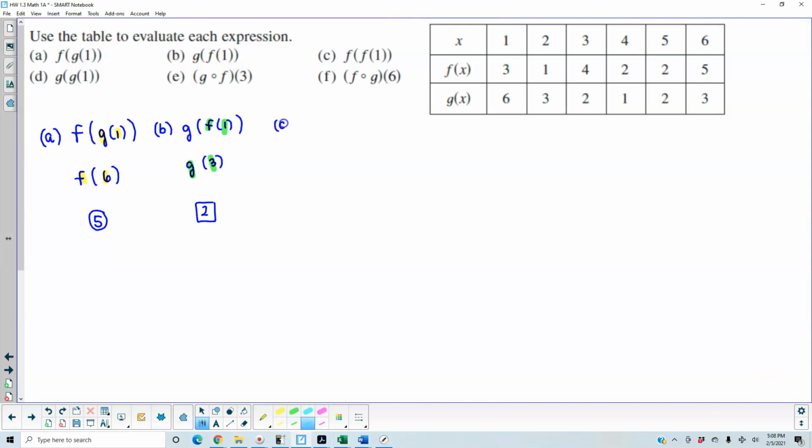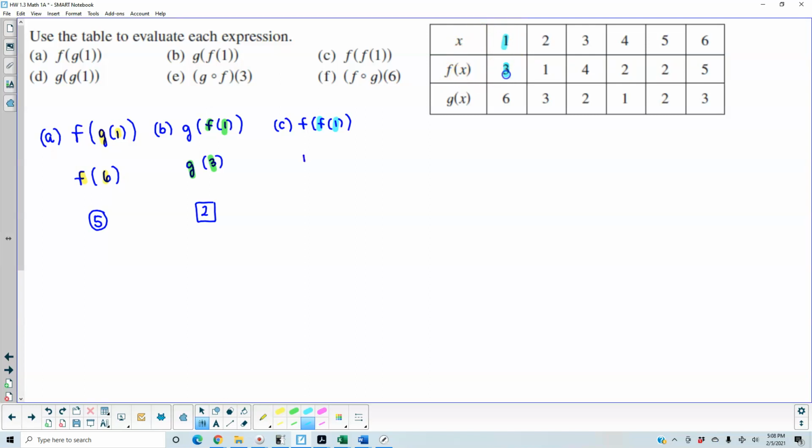Okay, let's take a look at C. At C we have f of f of 1. That means that 1 is the input for f. So here's 1, and the output on the function f is 3.